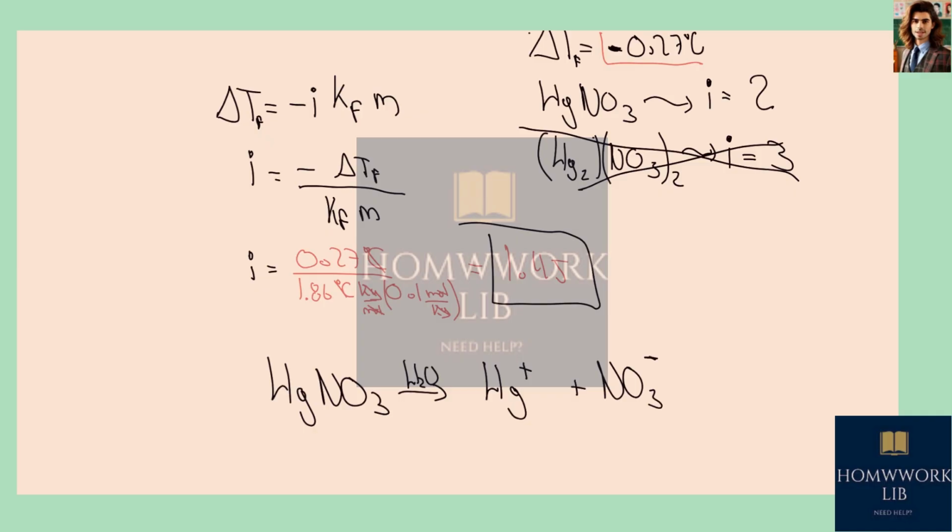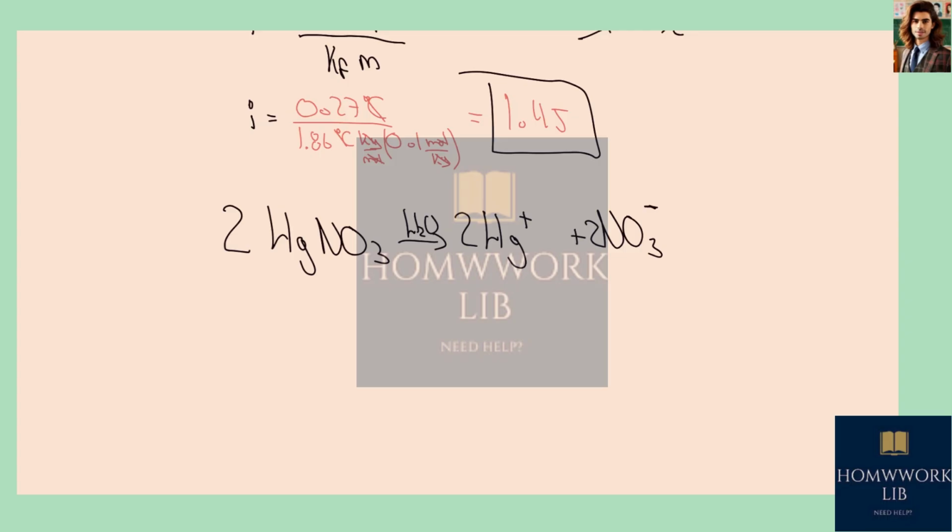I'm going to put a 2 in front of it just to continue the following reaction. And then what is going to happen is that the Hg+ ion is going to associate together to generate Hg2 2+. It is going to dimerize.